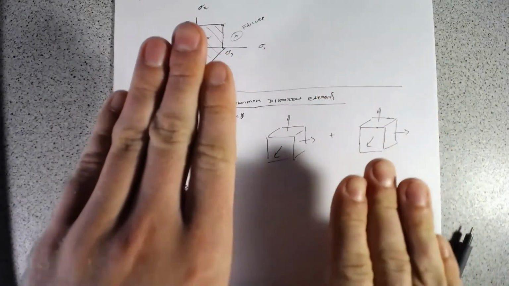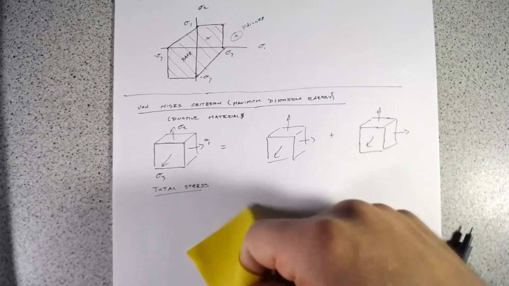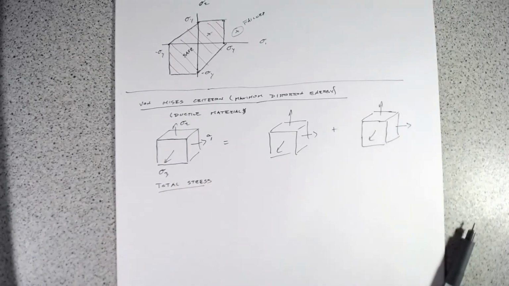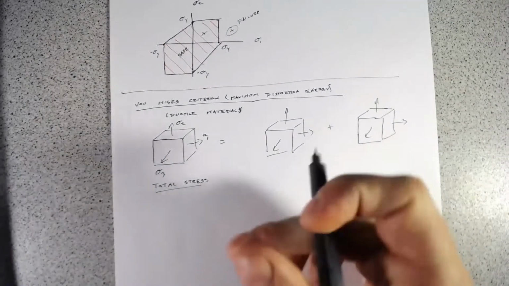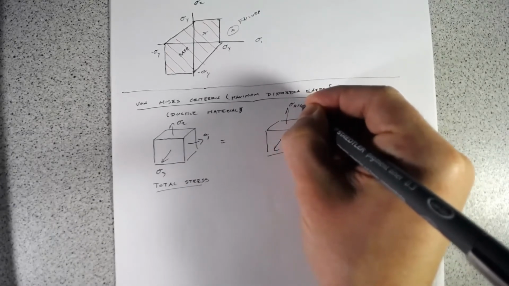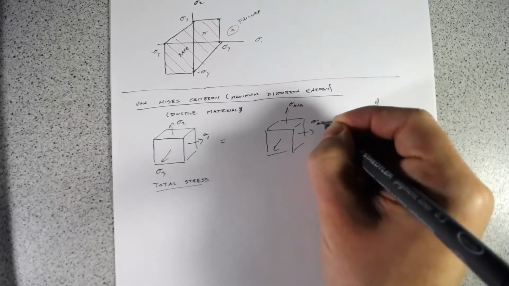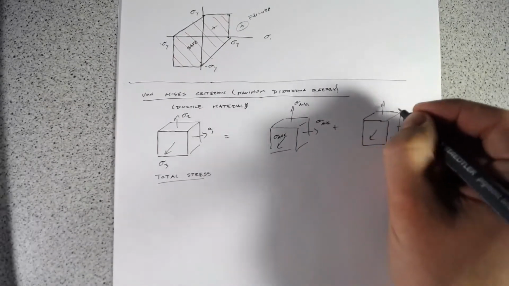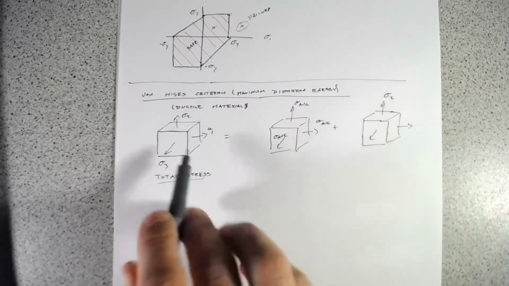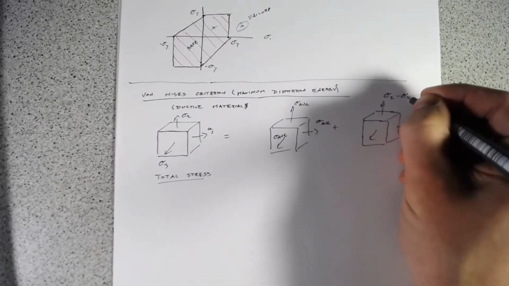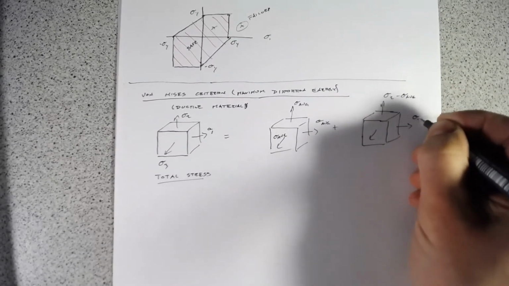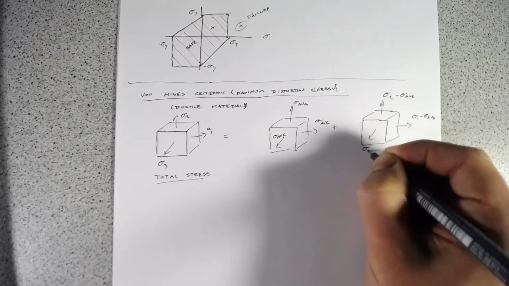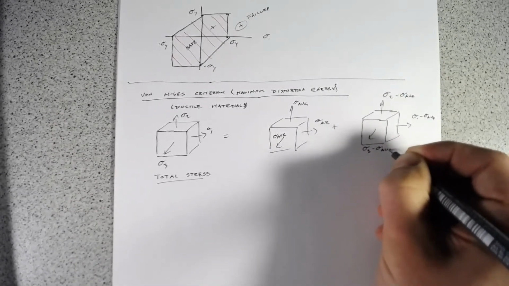So, you can distort, we'll do it in 2D, you're distorting this rubber band here. So this is sigma average, sigma average, plus, and this is going to be basically this minus this: sigma 2 minus sigma average, sigma 1 minus sigma average, and sigma 3 minus sigma average.